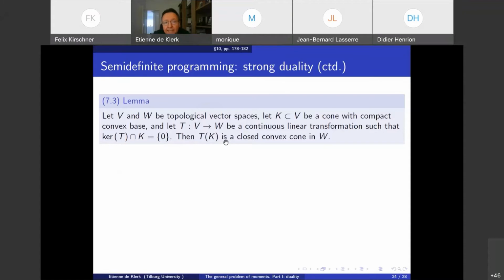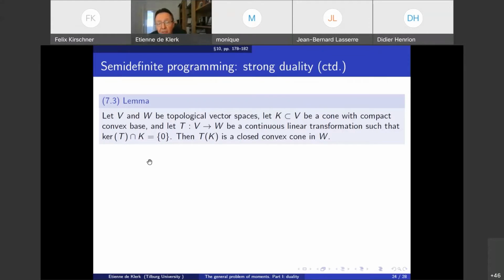Then the result is that the image of the cone under the mapping T is a closed convex cone in W. So basically, provided that our cone has a compact convex base, and T is a continuous linear transformation with this property that the only thing in the cone that is mapped to 0 is the 0 vector, then this image of the cone under the operator T is a closed convex cone.